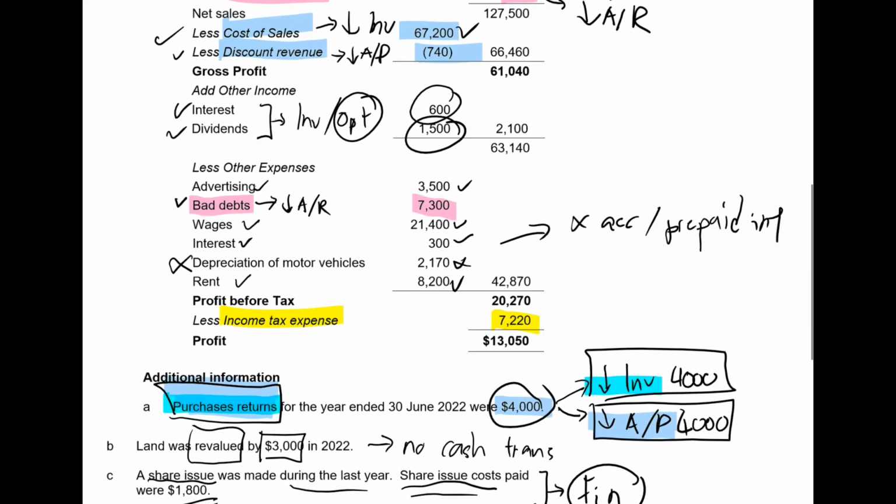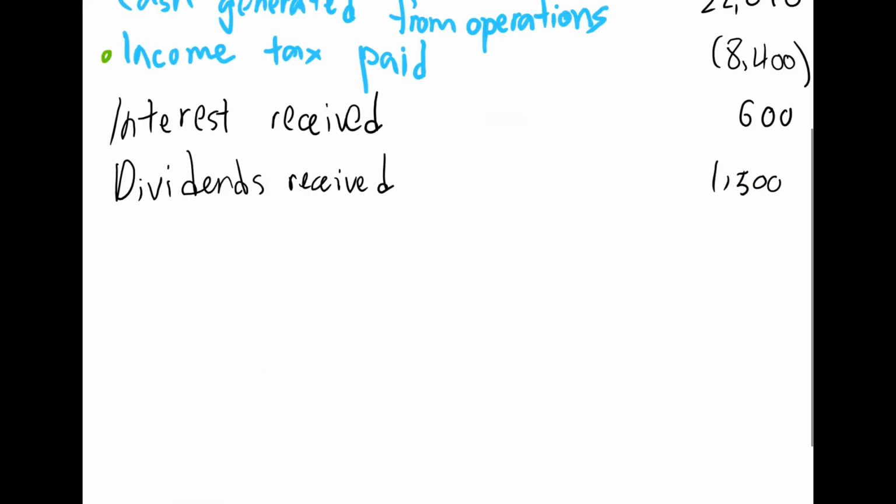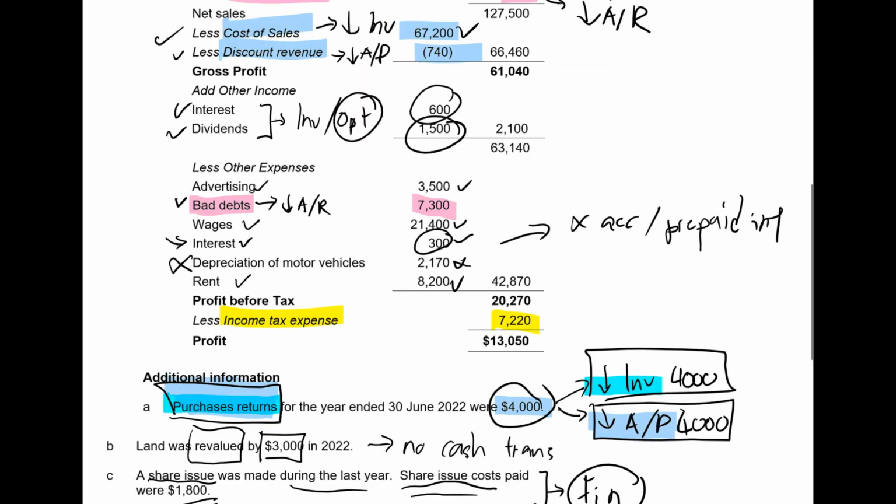So this is the amount of interest that I've used and paid during the year. This 300, I straight away write in your statement. You have interest paid, and my interest paid will be 300. It's a cash outflow, so I need to put a negative sign.